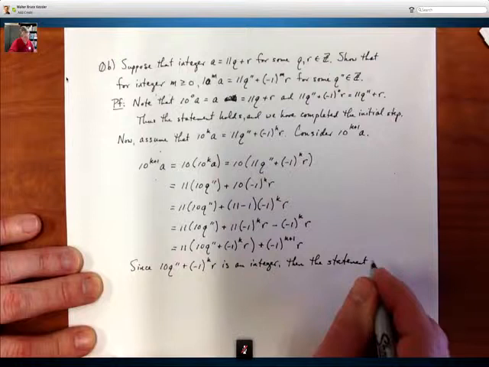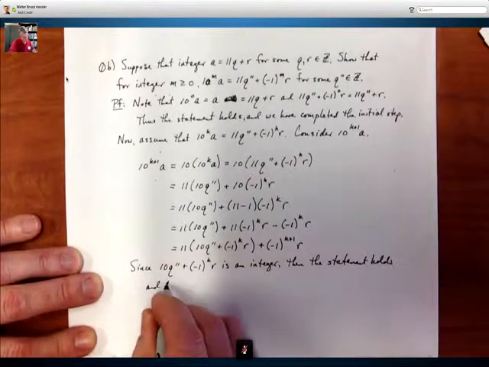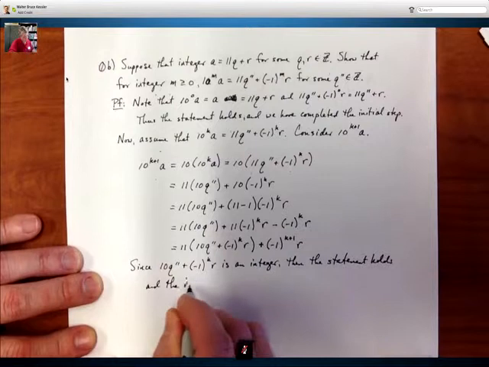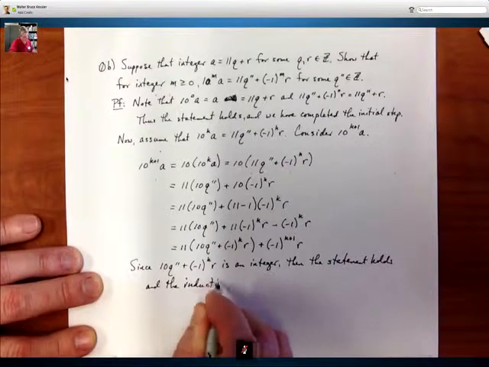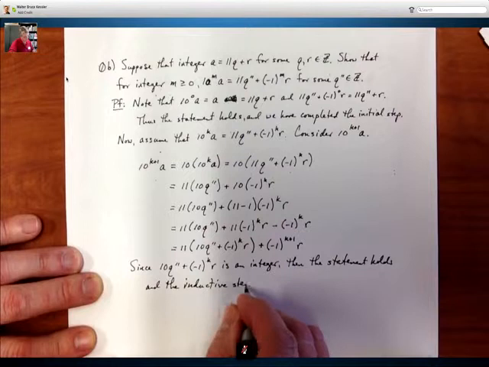Then the statement holds. And the inductive step is complete.